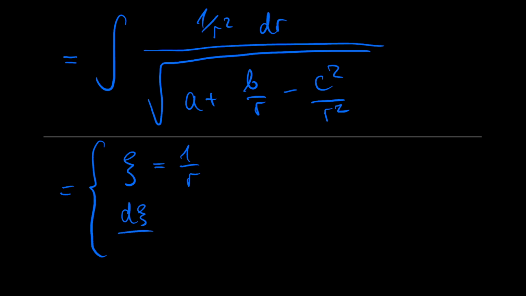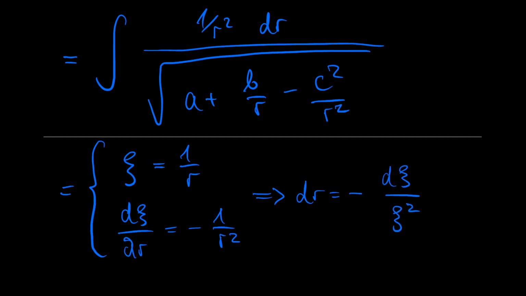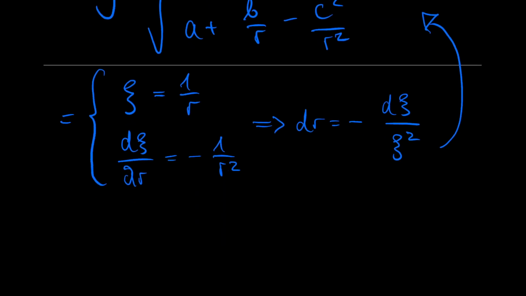This means that the derivative of psi with respect to r is equal to minus 1 over r squared, and this leads to dr being minus d psi over psi squared. And now we can plug that into this integral here. So we just substitute 1 over r and 1 over r squared with psi and psi squared.